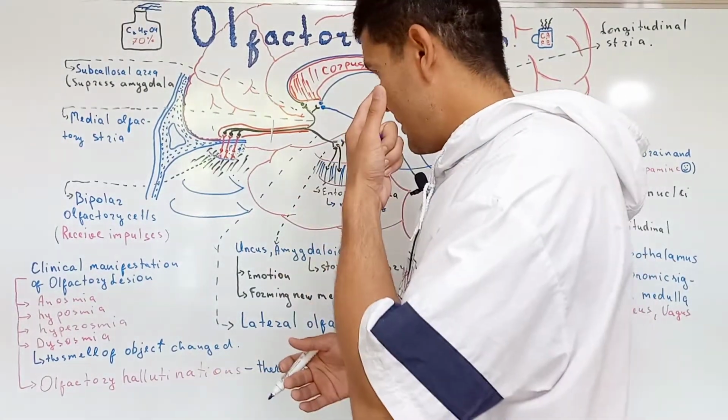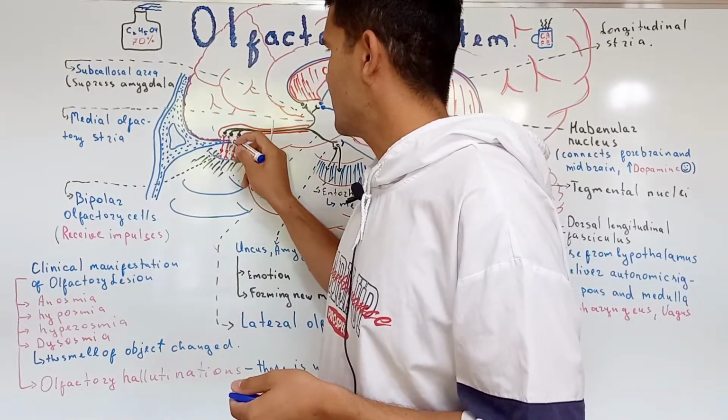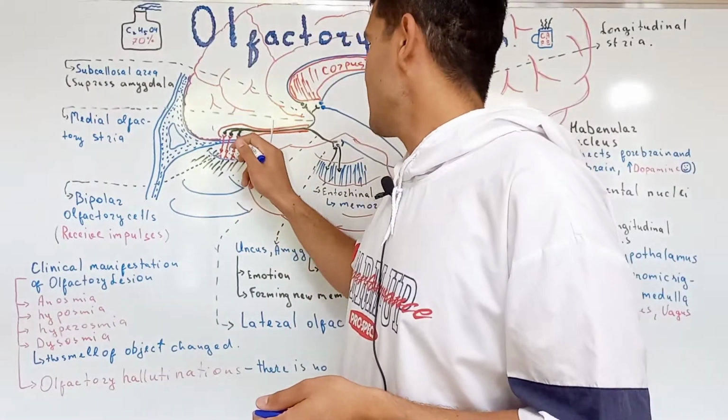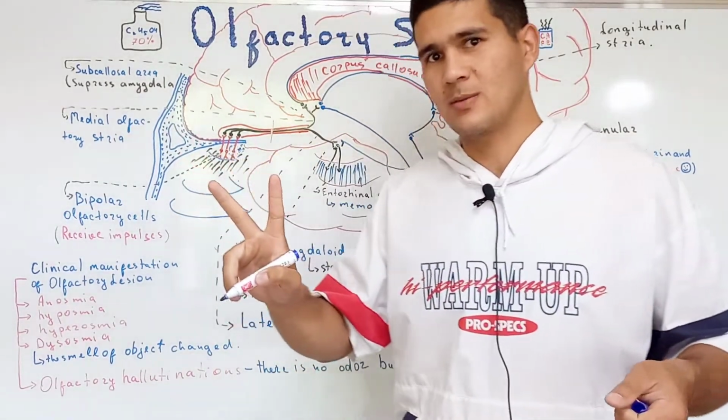Okay, and the impulses from the bipolar neurons are sent to the second neurons, and the second neurons are located in the bulbus olfactorius, and the bulbus olfactorius sends the information in two ways.